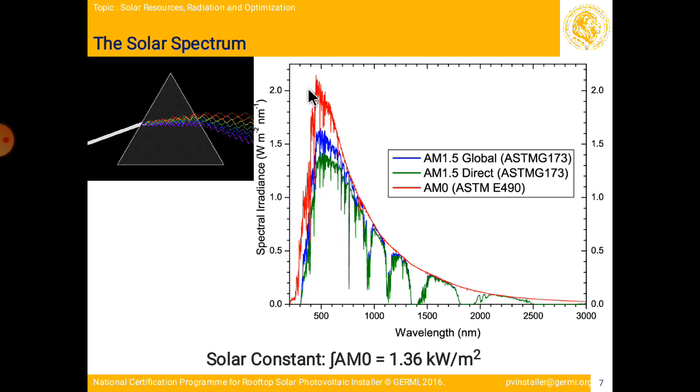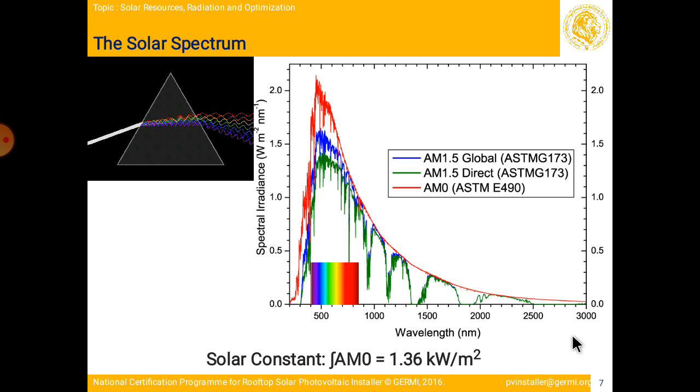Over here you can see that the maximum radiation available is around 500 to 600 nm wavelength. You can find the solar constant, that is AM0, equal to 1.36 kilowatt per meter square. This is the value of the solar constant that we get from the spectrum, 1.36 kilowatt per meter square.